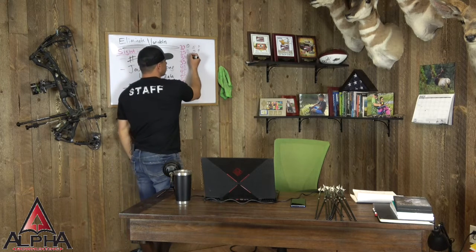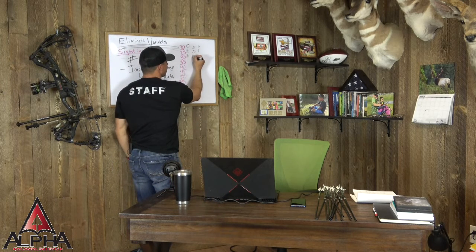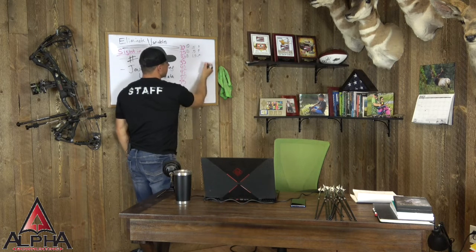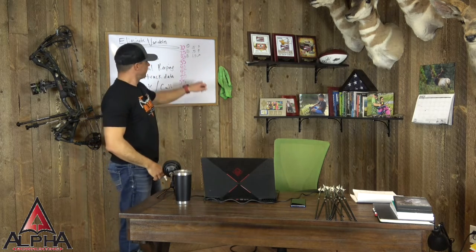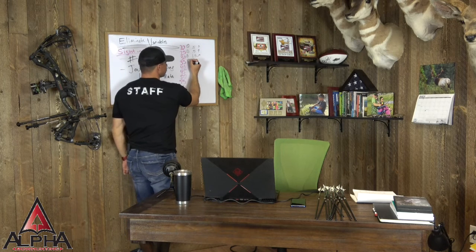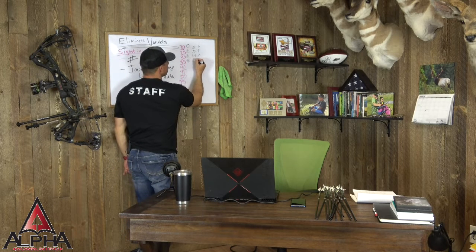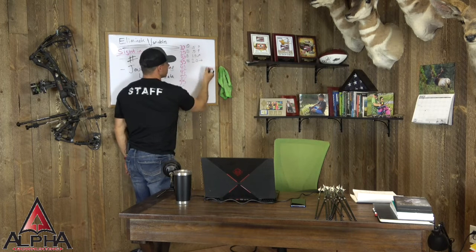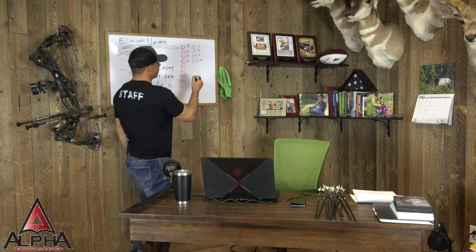Then we're coming out to arrow number 3, and let's say that I hit 1.5 inches high right. Okay. Number 4, continuing. This is just an example, so I can show you 2 inches right. Okay. And then I'm going to keep continuing down the process.